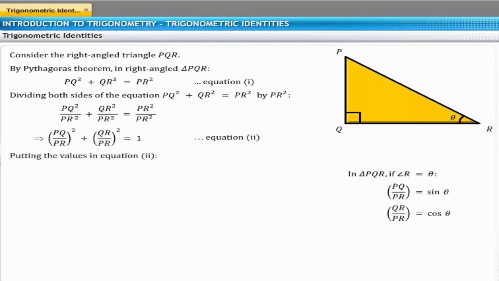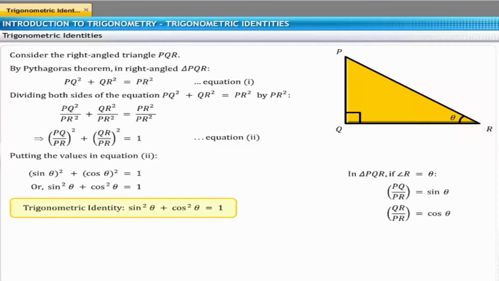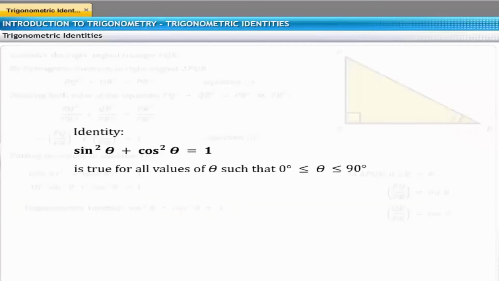Putting the values of these ratios in equation 2, we get the equation sin square theta plus cos square theta is equal to 1. This equation is a trigonometric identity. This trigonometric identity is true for all values of angle theta from 0 degrees to 90 degrees.